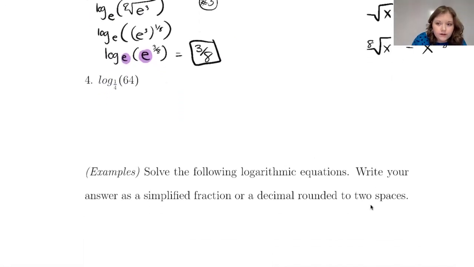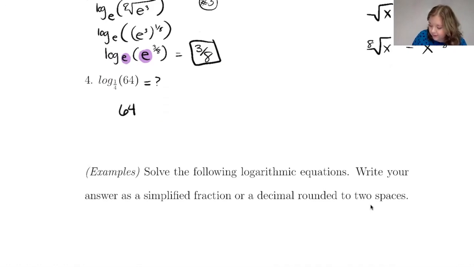So now with number 4, we have log base 1/4 of 64. So I'm going to set it equal to a mystery number and solve for that. I'm going to first rearrange it into exponential form.